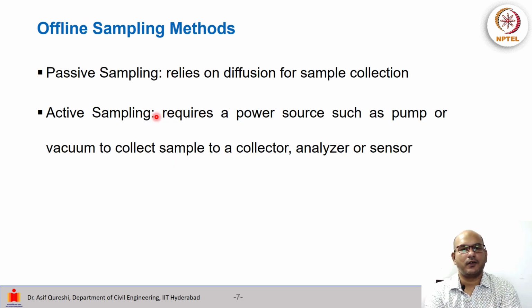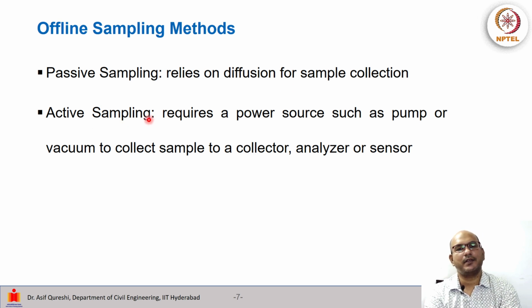Then we have the offline sampling methods, which can be passive sampling, which relies on the diffusion of the analyte towards a collection material, where the sample collection happens.